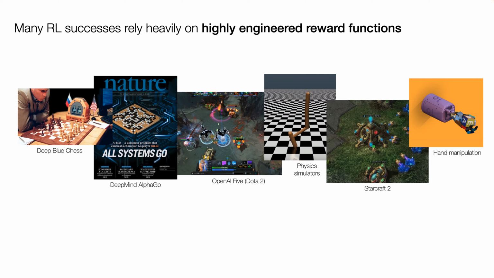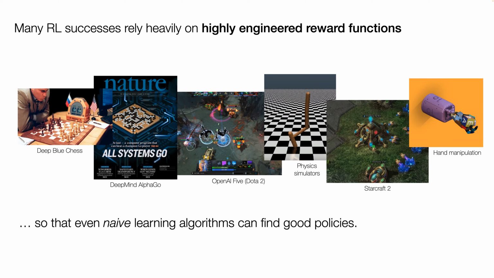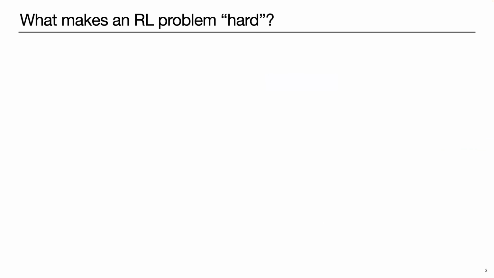And a lot of engineering goes into designing these really great reward functions for these different applications. And they try very hard to do this because if they make the problem easier, then basically any algorithm will work. Even very naive, uninformed algorithms that will just do policy gradient or something like this will converge to a decent policy. But these are extreme examples of a huge amount of engineering work to get working.